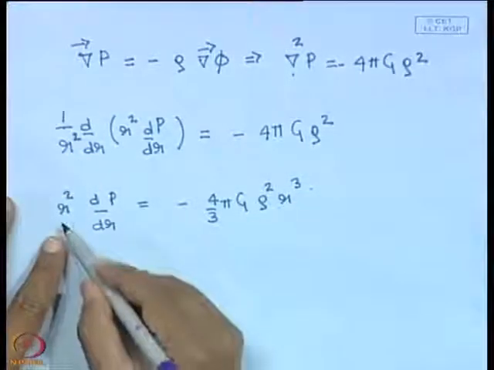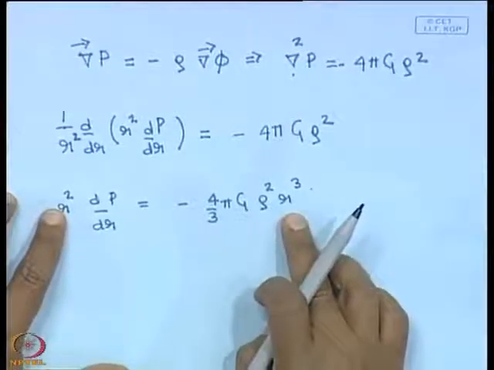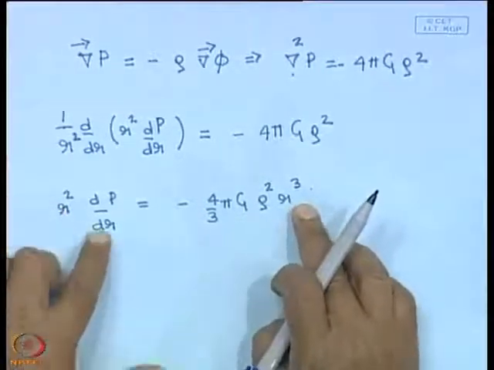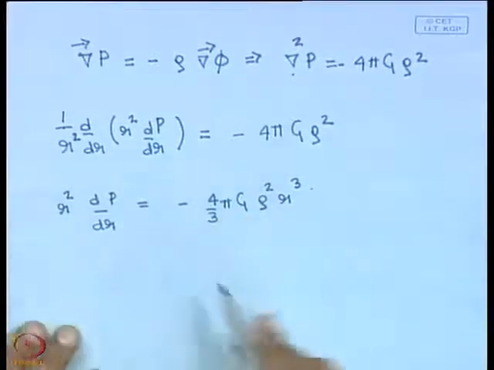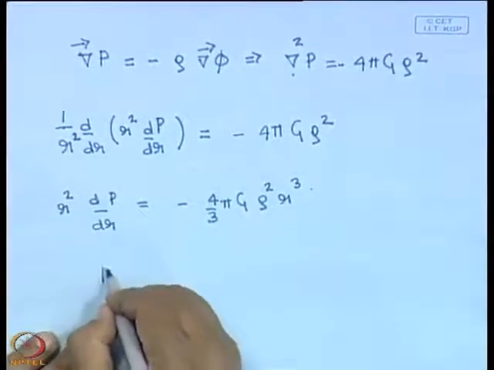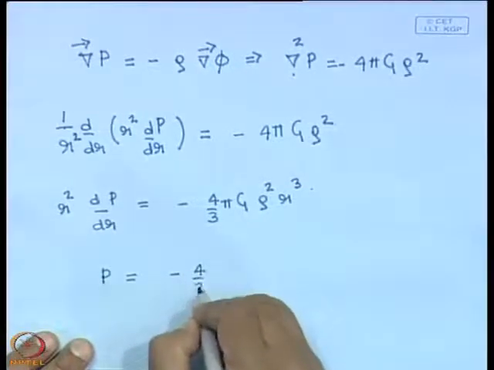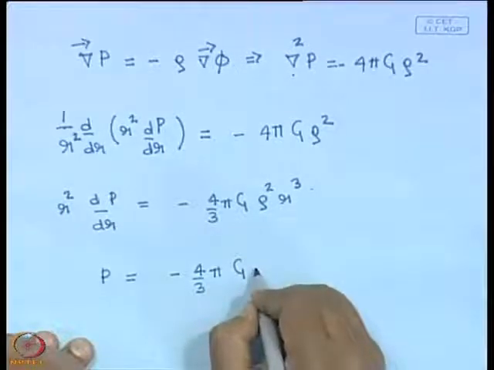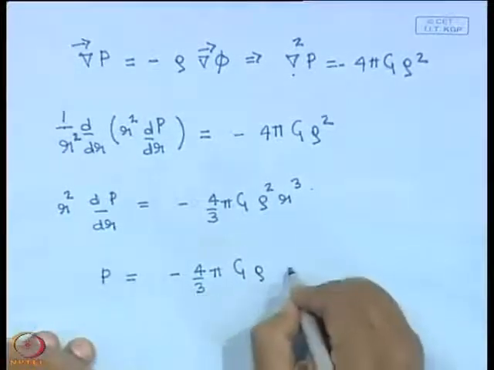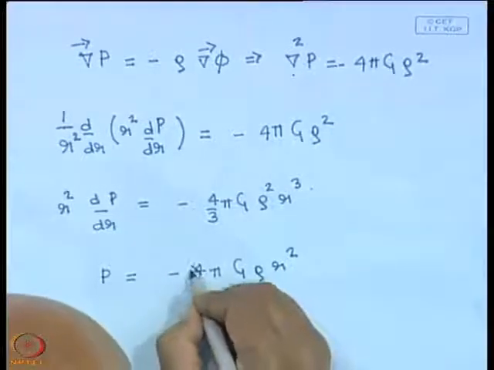Then I can again divide by r square, and that will give me a factor of r, and then when I integrate it, it will give me half r square. So finally the pressure is equal to minus 4/3 pi g rho, sorry, the r square, and this will not be 4, it will be 2.